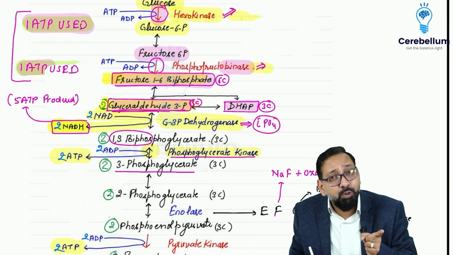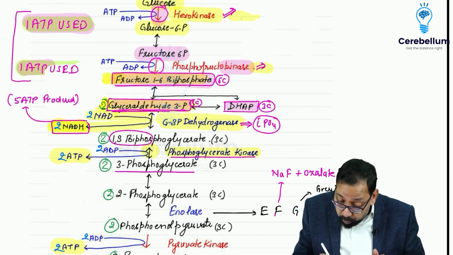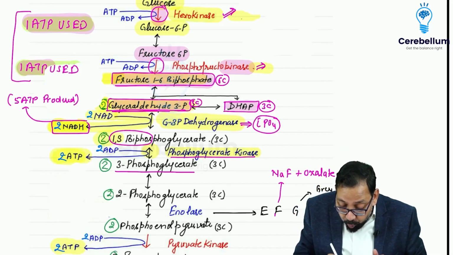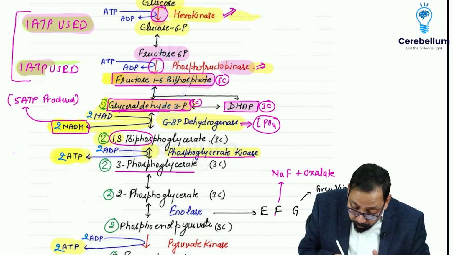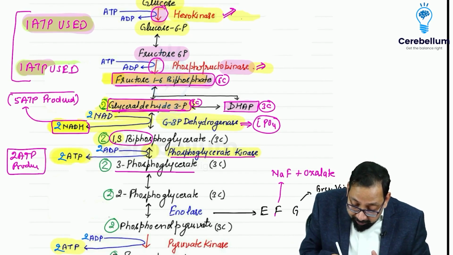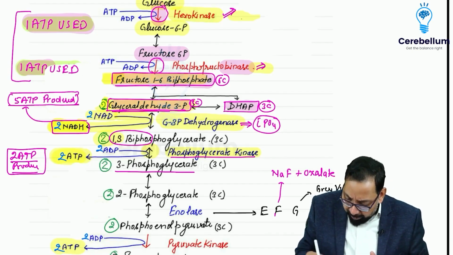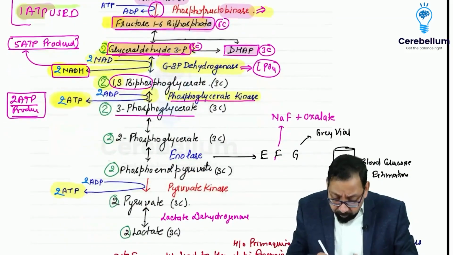Either ATP is used or produced. In this ATP is produced because two molecules are there, so 2 ATP are produced. So till now 5 ATP produced by NADH, 2 ATP produced by this reversible kinase.